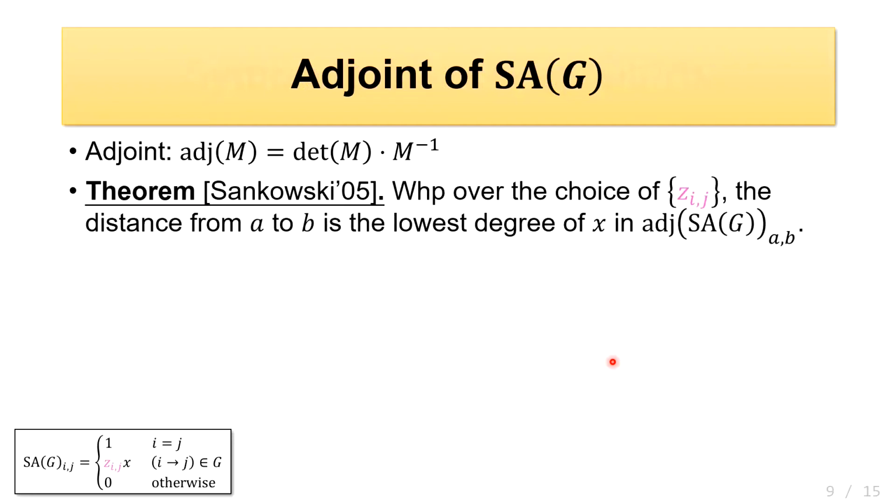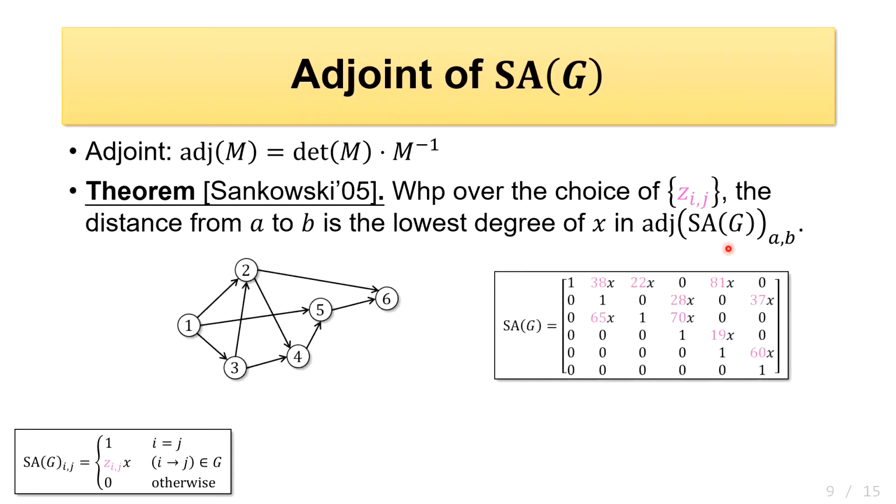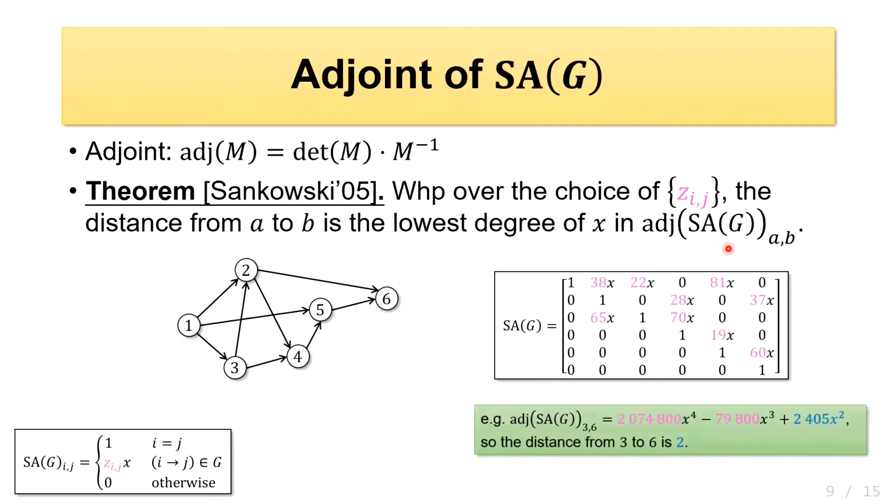There is a theorem that says with high probability over the choice of the random Zij, for every two vertices A and B, the distance from A to B is the lowest degree of x in the AB entry of the adjoint of SAG. Let me give you this example. We can calculate the 3,6 entry of the adjoint of SAG, and the lowest degree of x in this entry is some constant times x squared. This means the distance from 3 to 6 is 2.